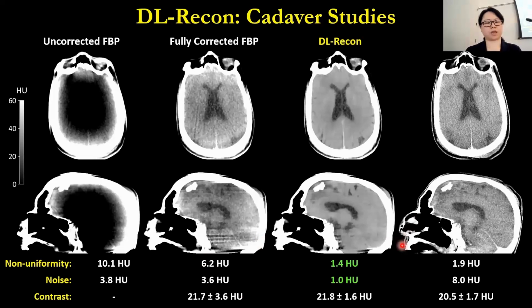The DL-Recon was able to substantially reduce the non-uniformity and the image noise, and at the same time maintain the contrast level of the lateral ventricle. As you see, the values are very similar to the MDCT.